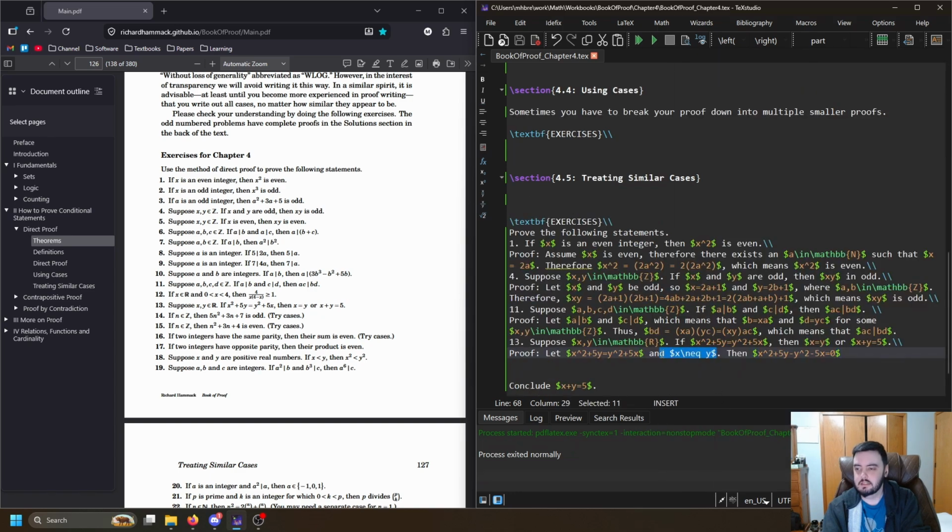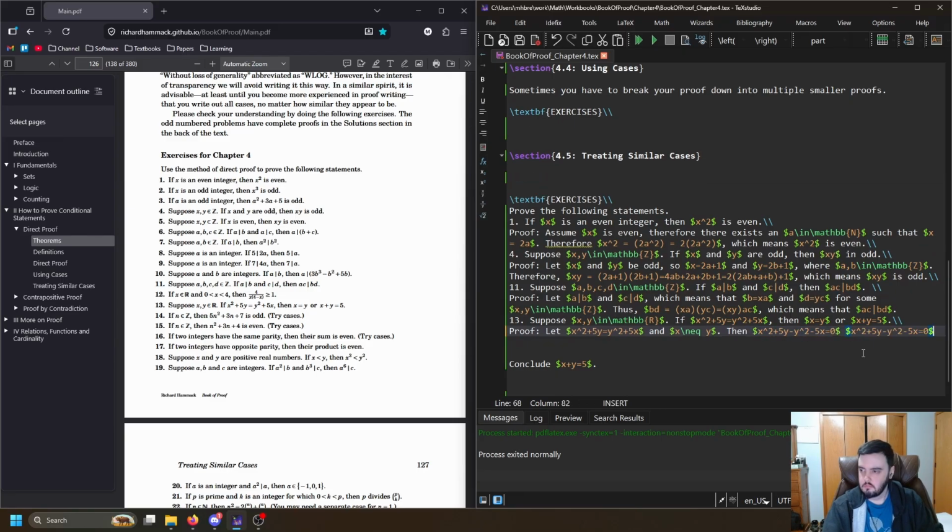Actually, we probably don't even need this. I think we factor this into... Let me just see what this looks like factored. I didn't really want that.